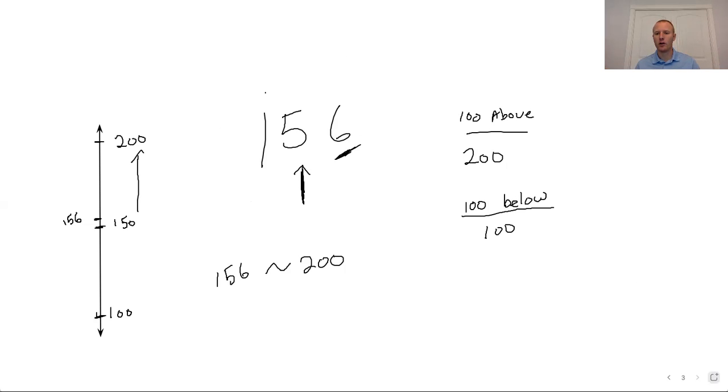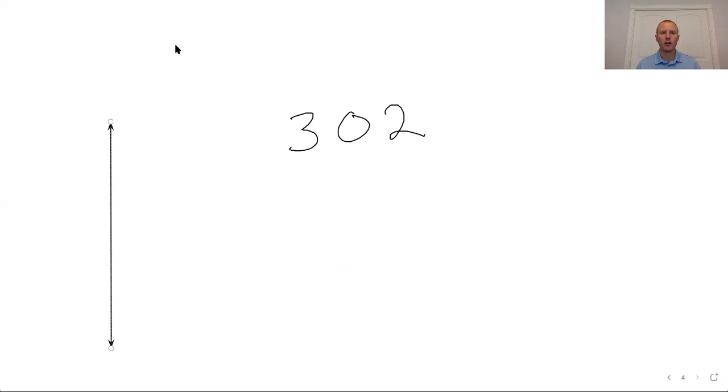Let's do another problem that is not in the 100 or 200 range. Okay, so we're going to use the number 302. We're going to find the 100 above and the 100 below, and then we'll find the halfway point as well.